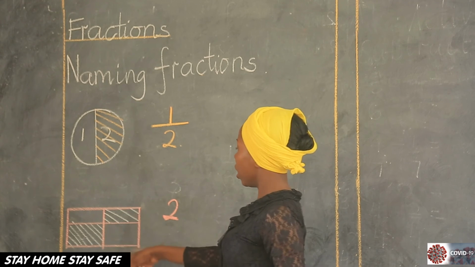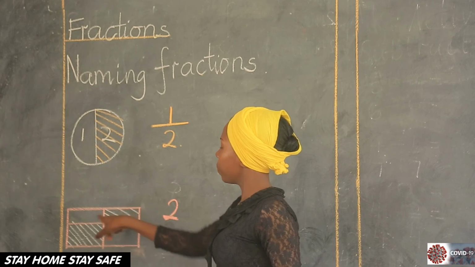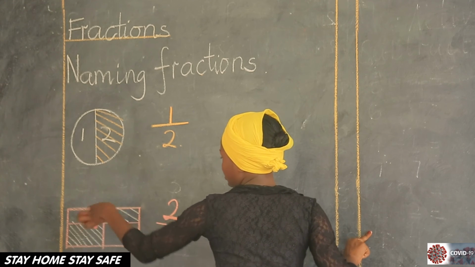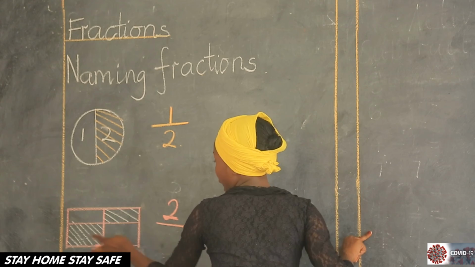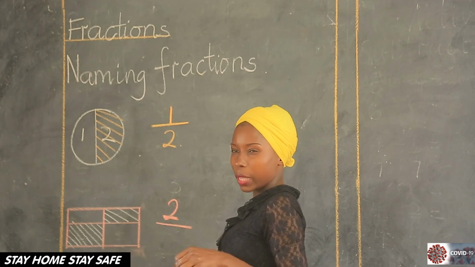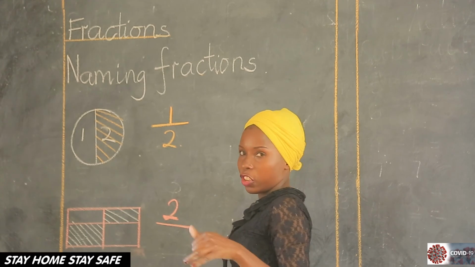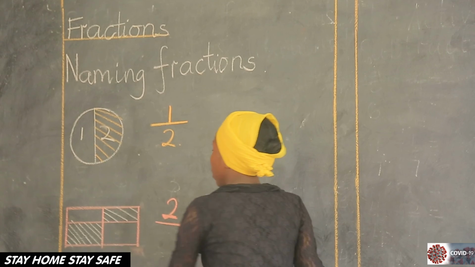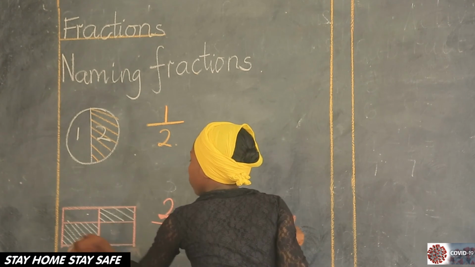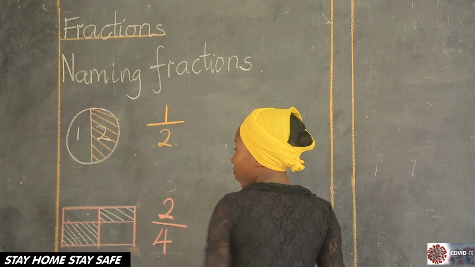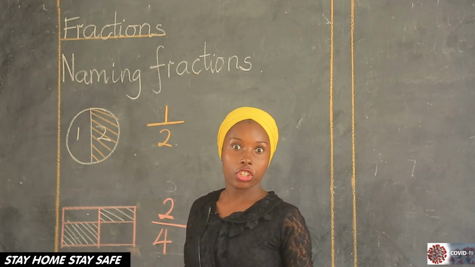But how many parts does the whole shape have? It has 1, 2, 3, and 4. Actually, I like dotting, because when I'm dotting, it makes me identify the part that I've finished counting. But I dot using a very sharp pencil. So I'll say 1, 2, 3, 4. So these are 4 parts, but the 2 parts are the only parts that are shaded.